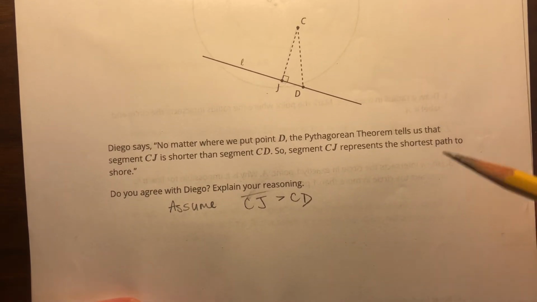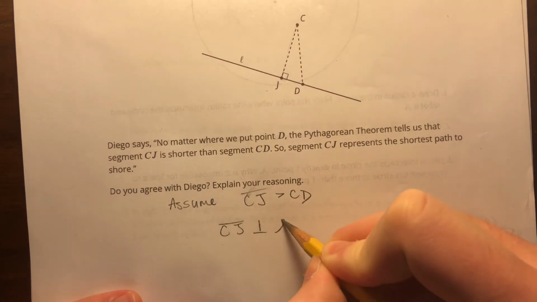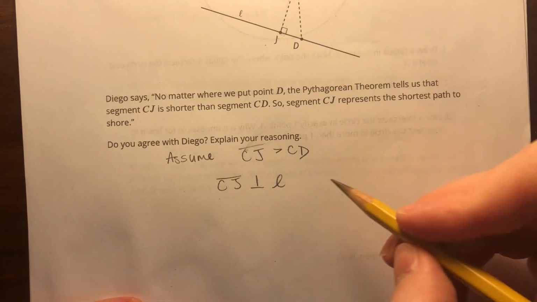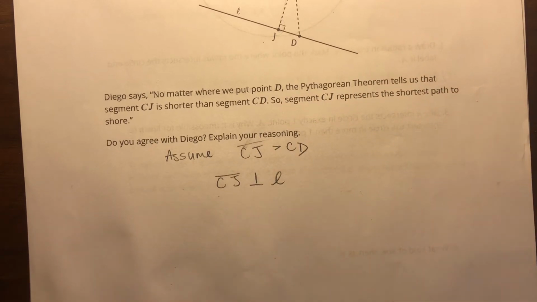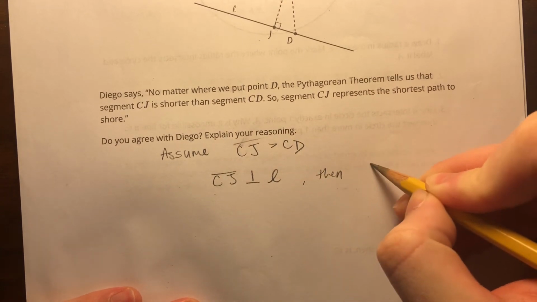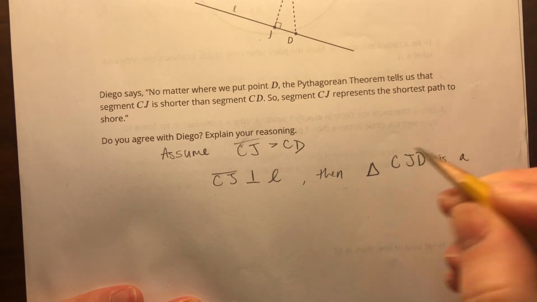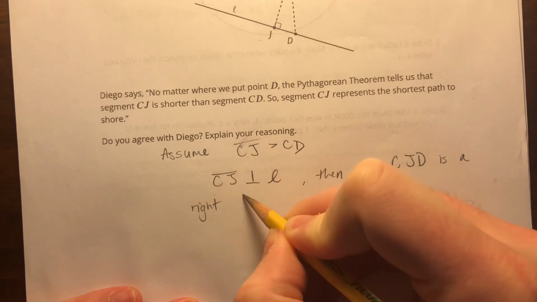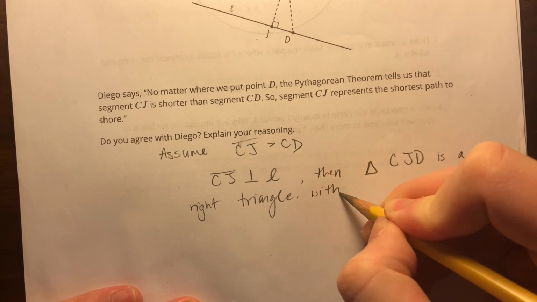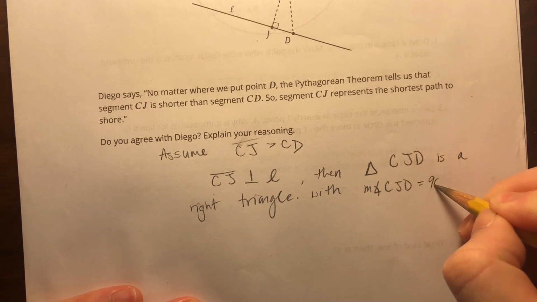So we know that CJ is perpendicular to line L. That's something that we know to be true. So if that is true, then we know that triangle CJD is a right triangle with the measure of angle CJD equal to 90 degrees.